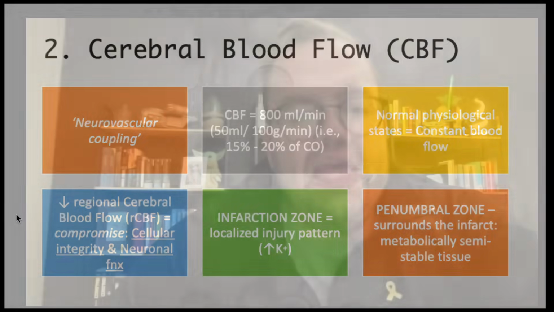What that means is that at a normal physiology level, where the oxygen tension is okay, the CO2 is okay, the glucose is okay, blood flow in my brain is pretty much constant, regardless of my state of wakefulness or sleep, and regardless of my daily fluctuations in mean arterial pressure from posture changes, etc. So the vasculature is coupled to the oxygen consumption, meaning that the more active an area of brain becomes and the more oxygen it needs, the vasculature is coupled to that neuronal increase in activity and vasodilates in order to accommodate more blood to that area.